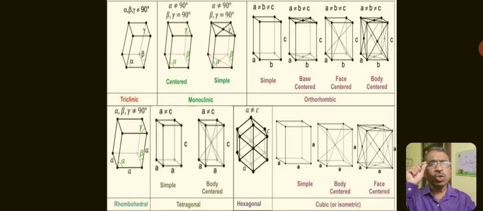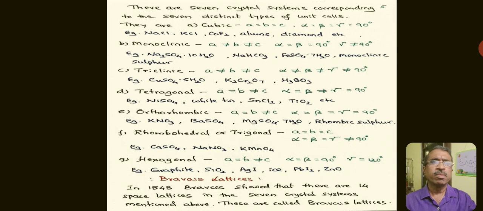Here I have shown the various crystal axes a, b and c and also the interfacial angles in all these 7 crystal systems. There are 7 crystal systems corresponding to the 7 distinct types of unit cells.